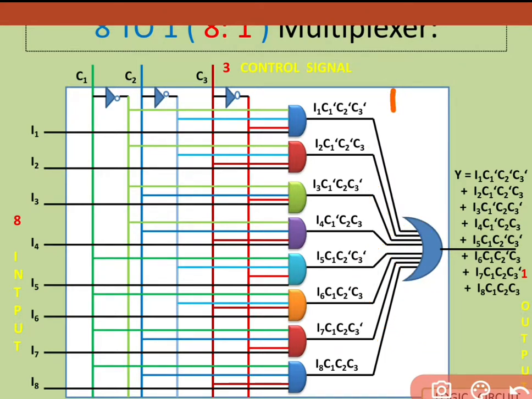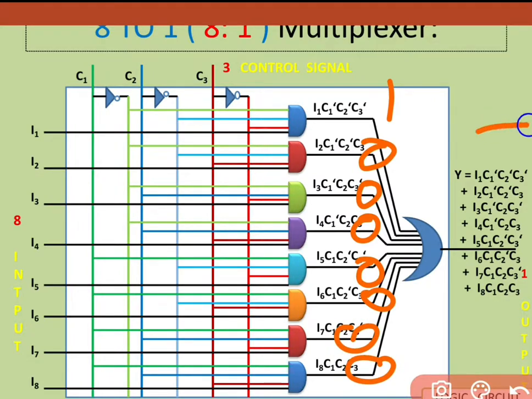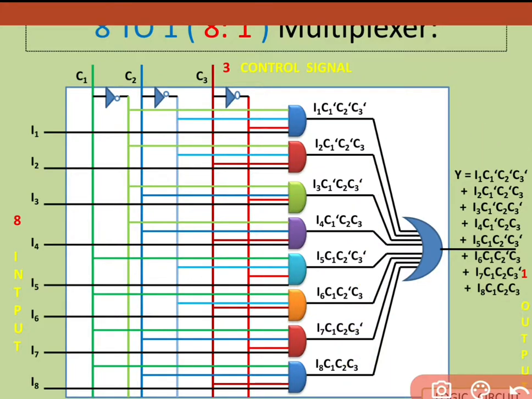First time when we are passing 0, 0, 0, this signal provides us I1 as output, and we are forwarding it, because only this signal provides us 1, other signals provide us 0 at that time. That's why we are getting I1 as output.